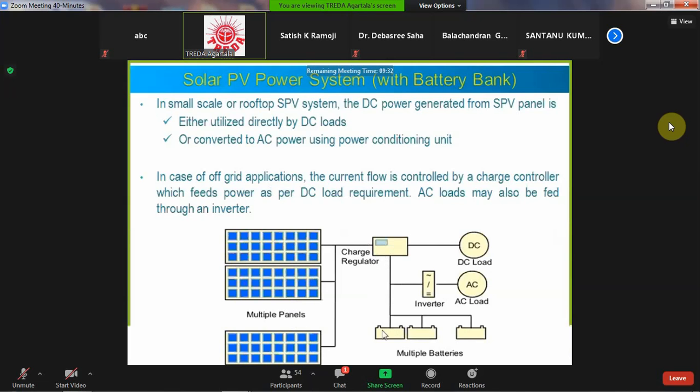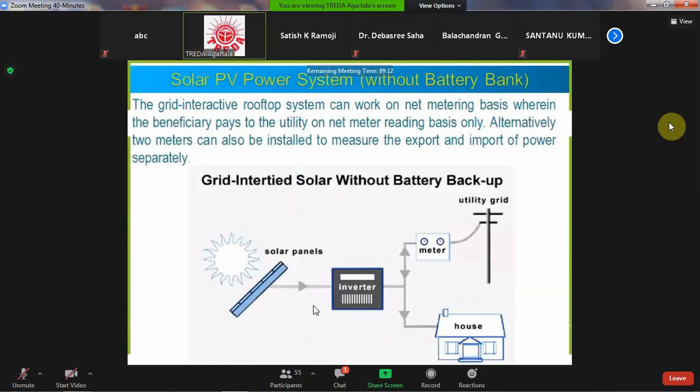By this inverter, the battery charge is there, power is charging the batteries, and through this inverter we can connect the load, and by the charge controller, this is the basic solar power plant. And for grid connected, solar panel is there, inverter is there, and directly by net metering it is connected to the grid without battery.